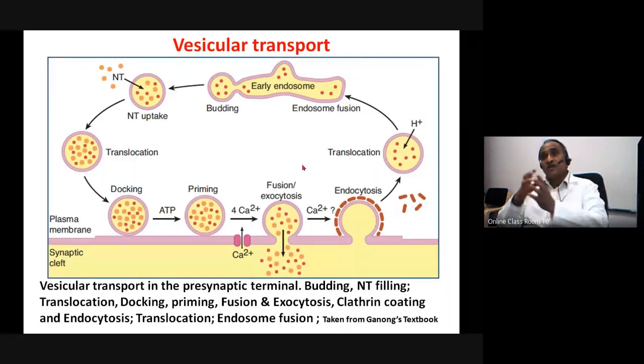At this synapse, they come and activate, they release these things, and once they release, they will activate the alpha motor neuron. So this event definitely will take time.